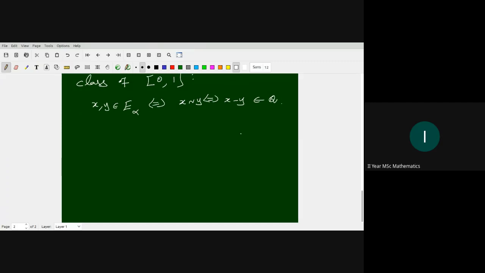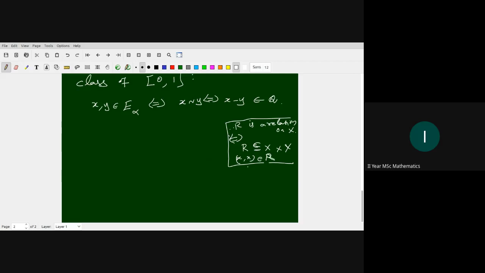Basically, a relation is a subset of X cross X. Suppose this is a relation on X. I write this relation as R. The definition is that R is a subset of X cross X. A relation is a subset of X cross X. So if x, y is in R, then we write x related to y.